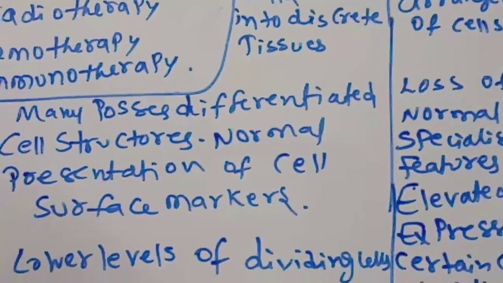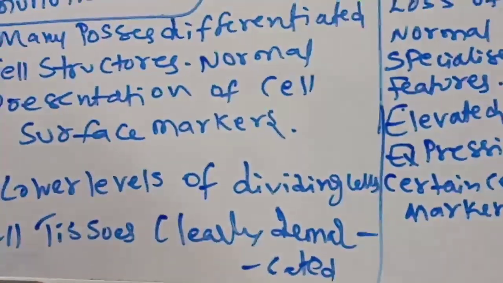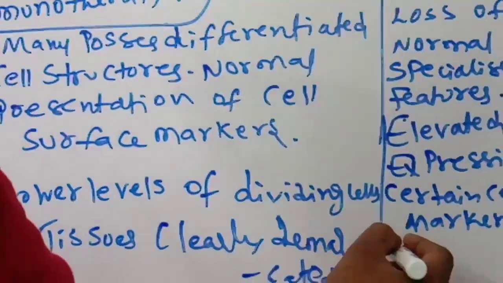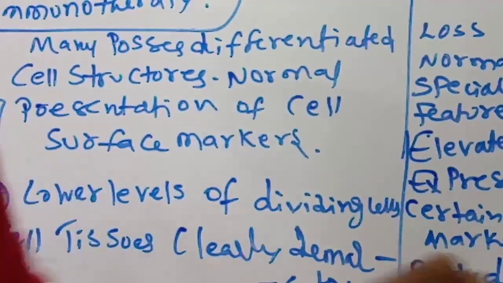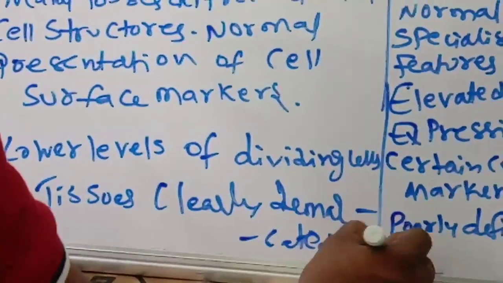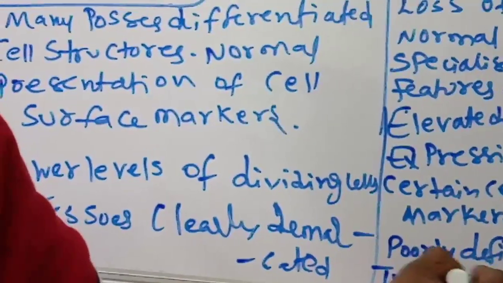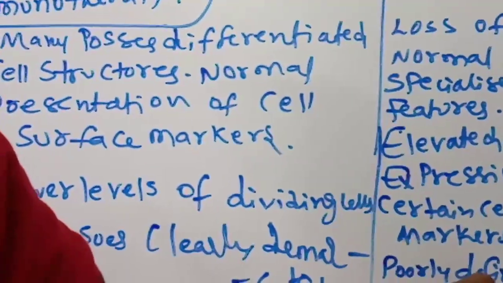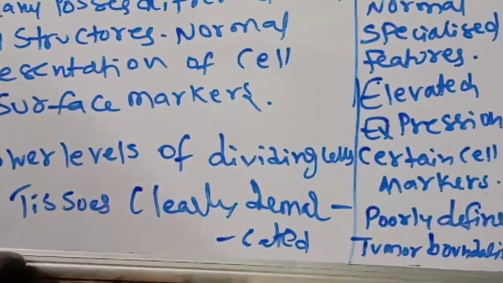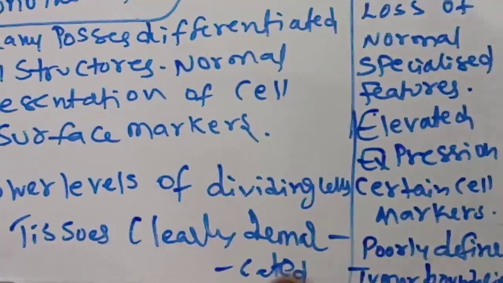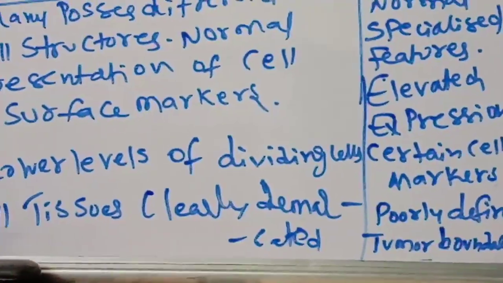Here, large number of dividing cells, poorly defined tumor boundaries. This is important. There will be a large number of dividing cells, poorly defined tumor boundaries are present.